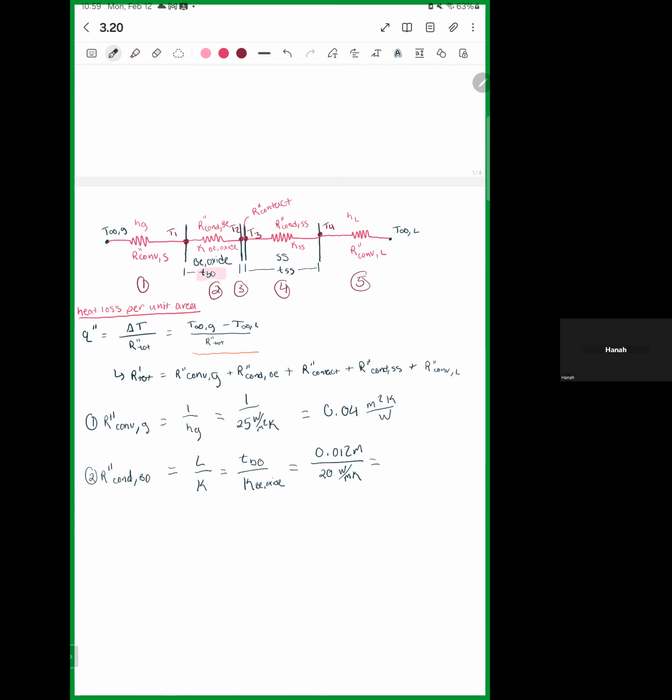And this gives us a thermal resistance of 5.588 times 10 to the minus 4 meters squared Kelvin per watt.